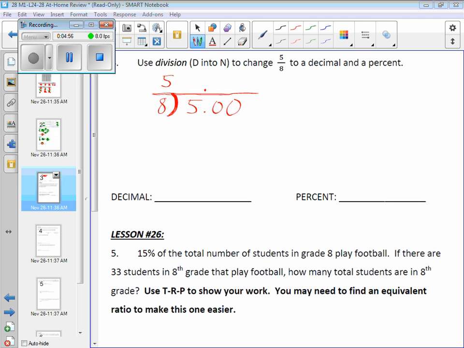8 can't go into 5, but it goes into 50 6 times at least. Bring down our 0. 8 into 20 is going to go at least twice. That's going to make 16. And we still have to keep going because as long as we have a remainder, we've got to keep bringing down zeros until it terminates or repeats. 8 goes into 40 exactly 5 times.